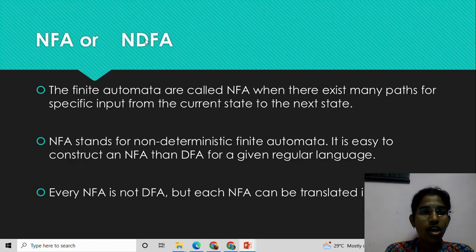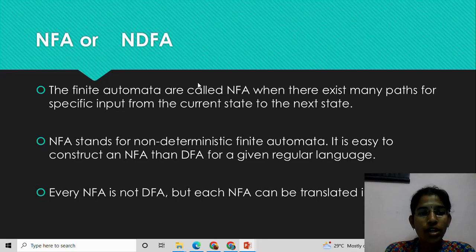So NFA or NDFA, non-deterministic finite automata. Finite automata are called NFA when there exist many paths for a specific input from the current state to the new state.